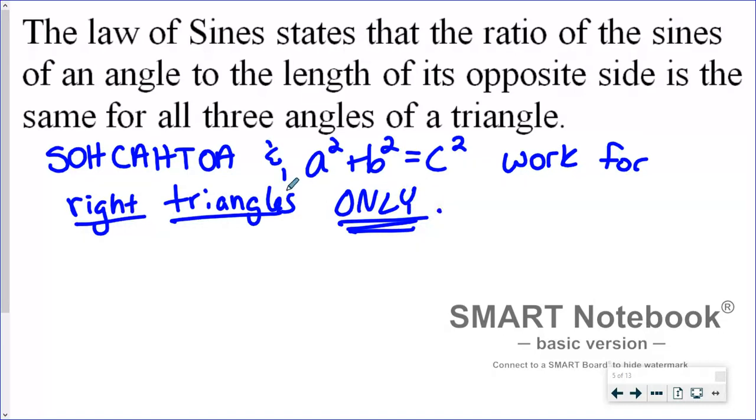Do not try to use these with oblique triangles, okay?